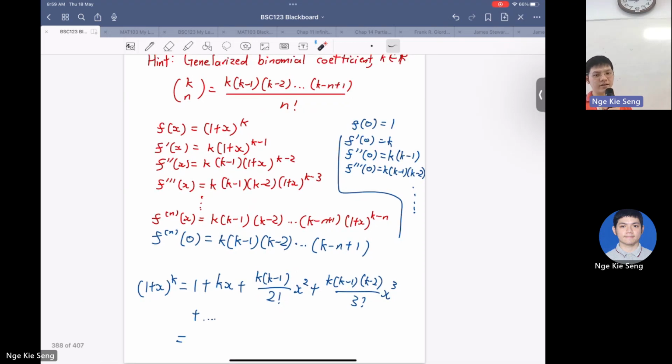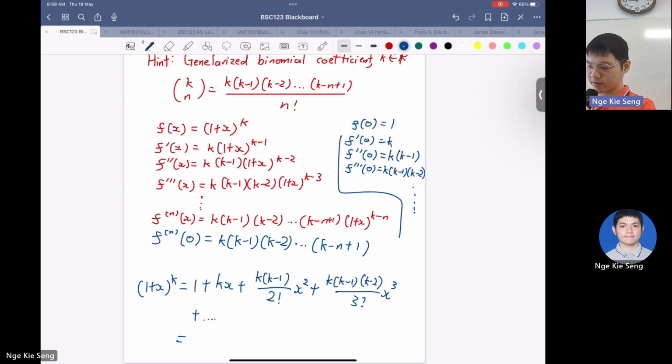Okay, so why do I call it a generalized binomial coefficient? Because this k here, you can really put any number. Binomial coefficients, usually we only introduce for positive integer, because only then you can pick and choose objects. But here it works for anything.